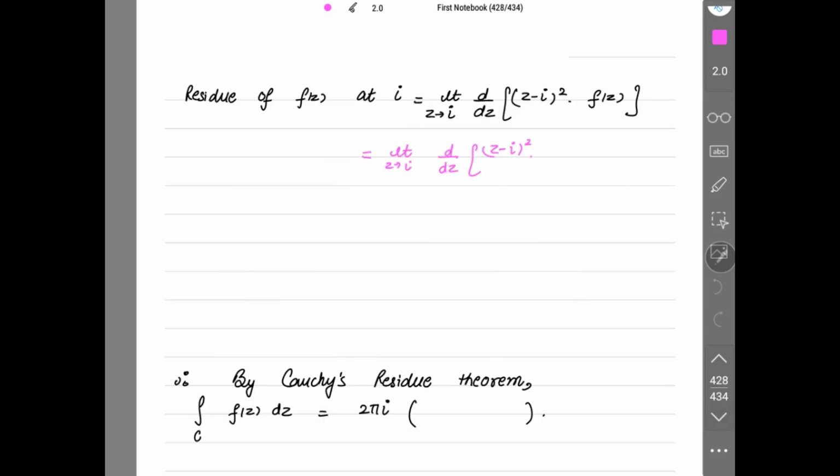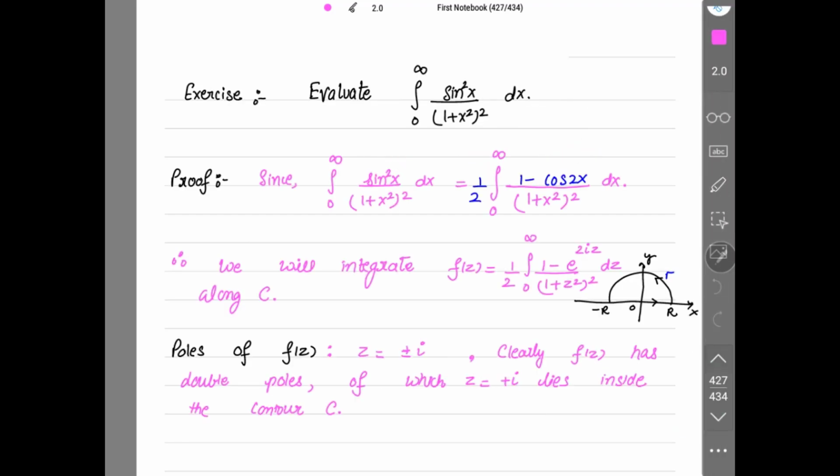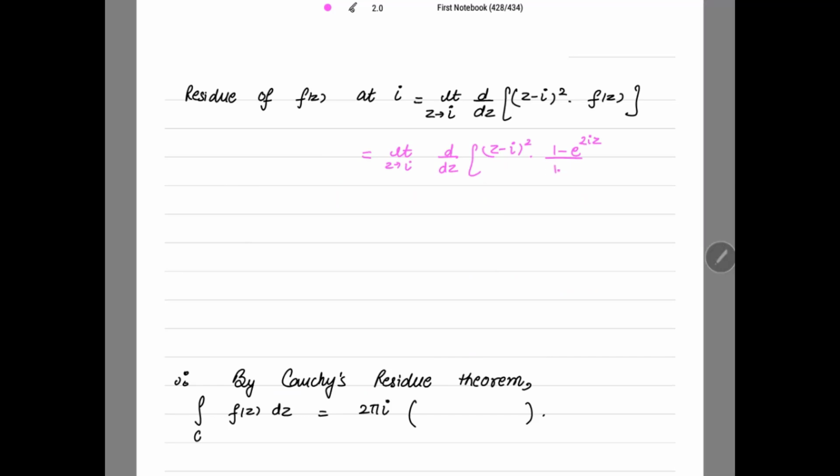So I'm writing this f(z) as (1 minus e to the power 2 iota z) over (1 plus z square) whole square. Alright, can I separate this as (z minus iota) whole square and (z plus iota) whole square? That (z minus iota) whole square will be cancelled out.